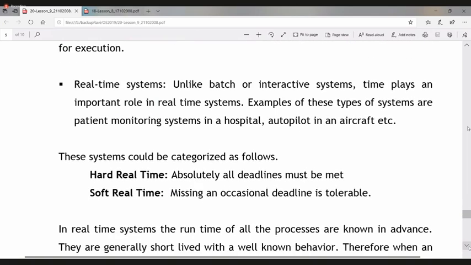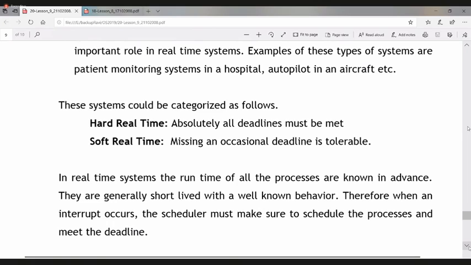Real time can also be divided into two. One is hard real time: absolutely all deadlines must be met, otherwise a person will die. Right? So they are hard deadlines. You can't change them. But in certain cases we put soft deadlines.